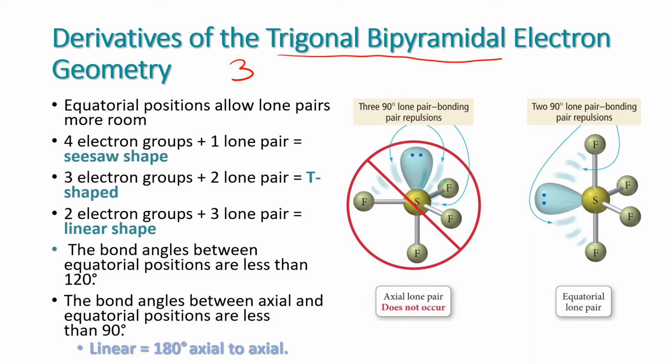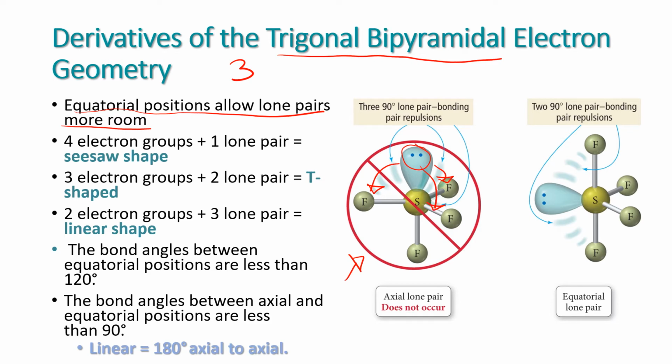So equatorial positions are the ones that will allow lone pairs, if they are present, more room. So you can see here how whenever you have a lone pair, let's say you have this compound, the lone pair in the axial position, theoretically, would make this lone pair be 90 degrees away from every single one of these bonds right here.